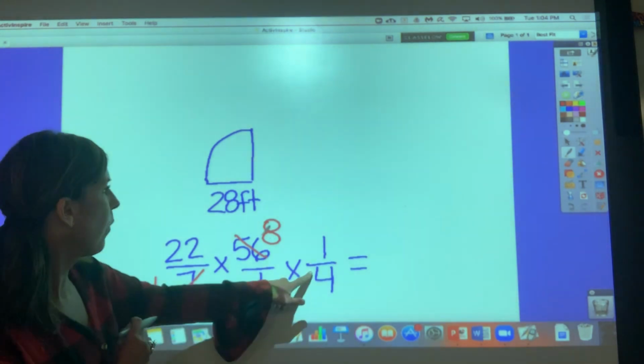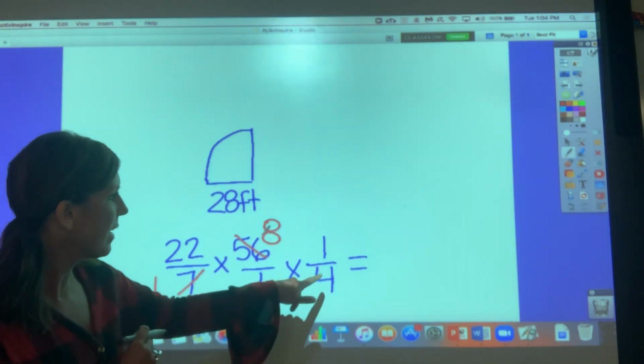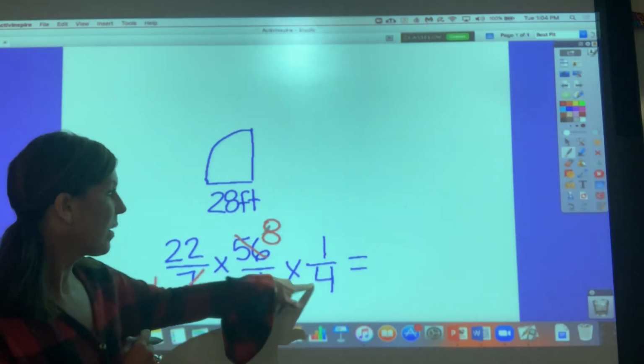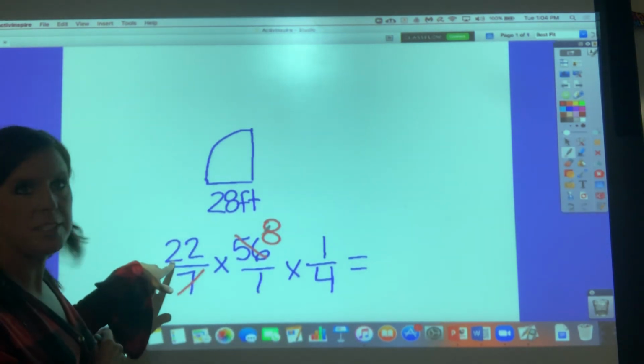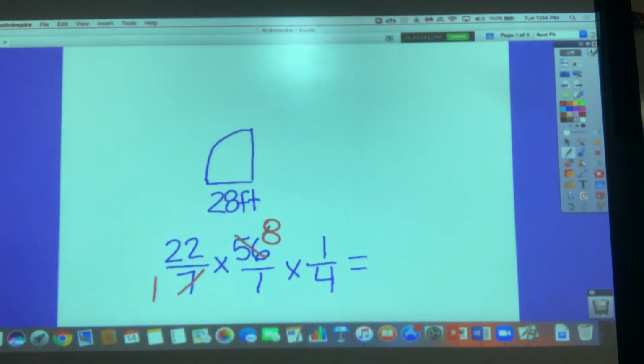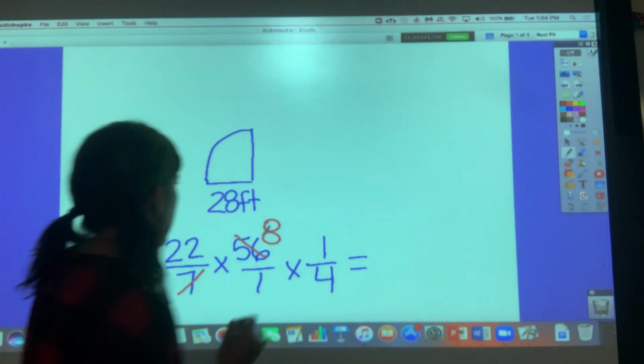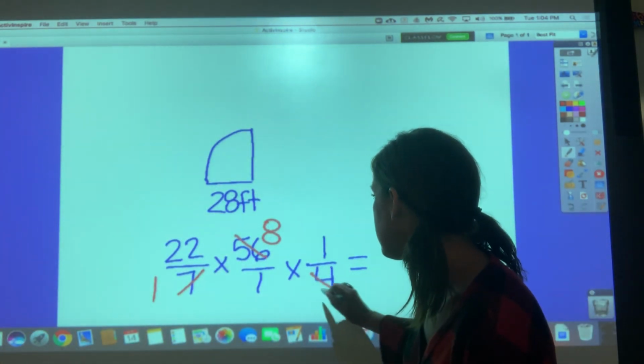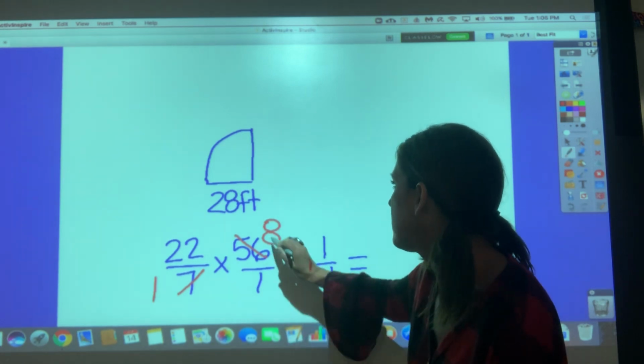We could cancel the 4 with the 8. We could also cancel the 4 with the 22. Even though 4 doesn't go into 22, you can still cancel them by 2 because 2 goes into both. But on this one, let's go ahead and cancel the 4 with the 8. So 4 goes into itself once, and 4 goes into 8 twice.